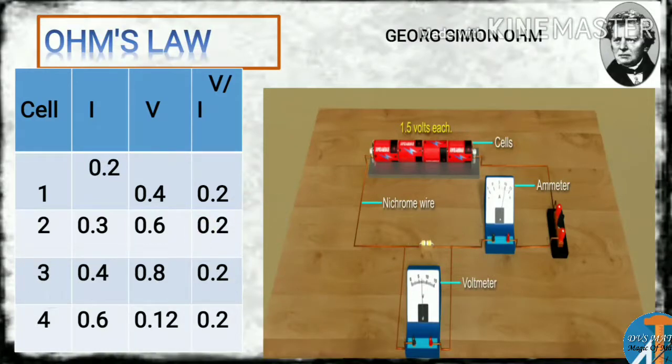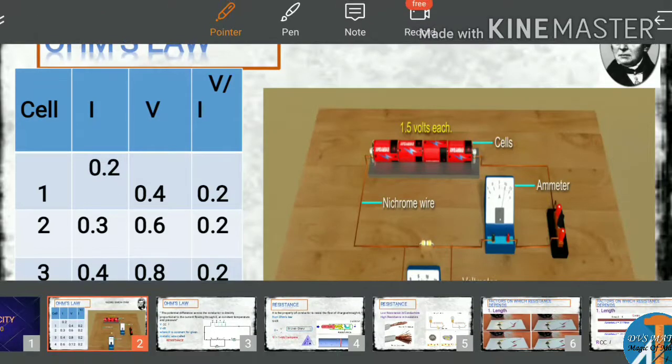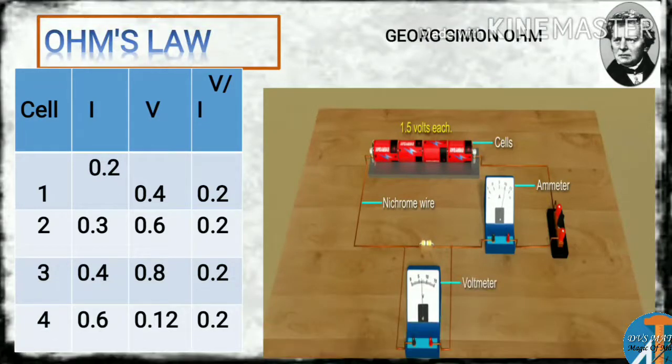Again with 3 cells, ammeter 0.4 ampere, voltmeter 0.8 volts, and when we divide, again he got 0.2 constant. Finally with 4 cells, the current was 0.6 ampere, voltage 1.2, and again he got 0.2 constant as V by I.